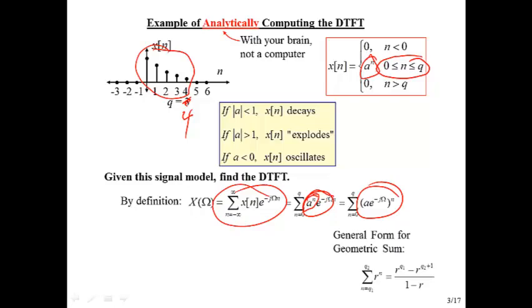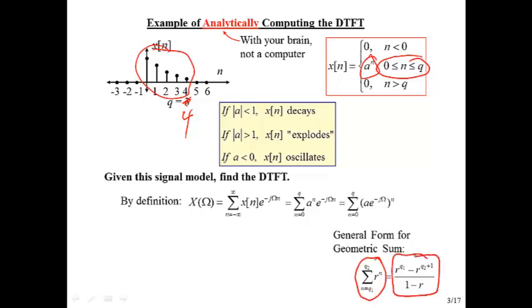And then we use a thing called the geometric sum. You can Google that if you want and find more information on geometric sum. It shows up a fair amount in this discrete time signal processing stuff. But it gives us a closed form for this sum. Closed form means a nice formula where you tell me what r is, you tell me q1 and q2, and I can just plug them in and I get a number rather than having to explicitly evaluate the sum.